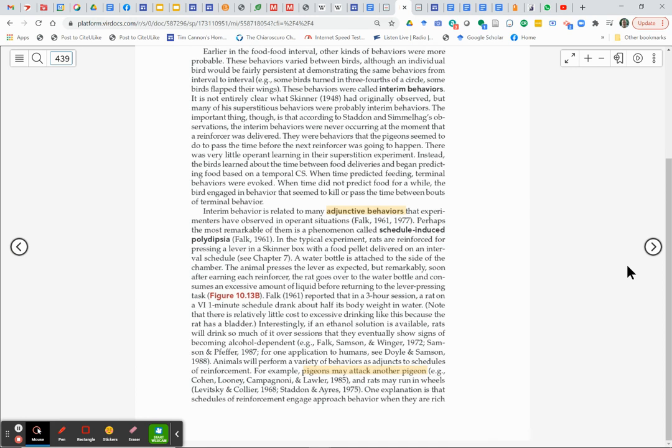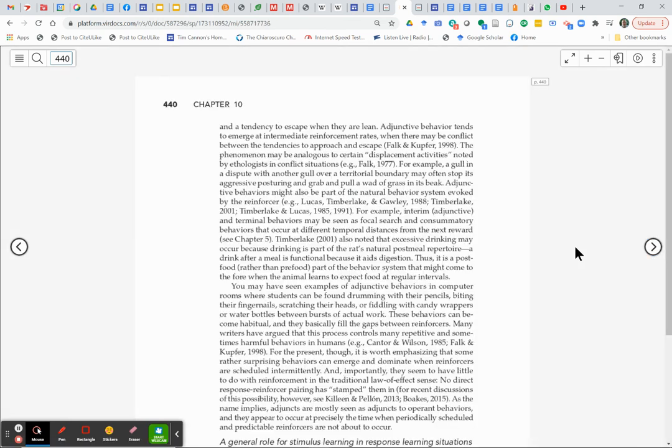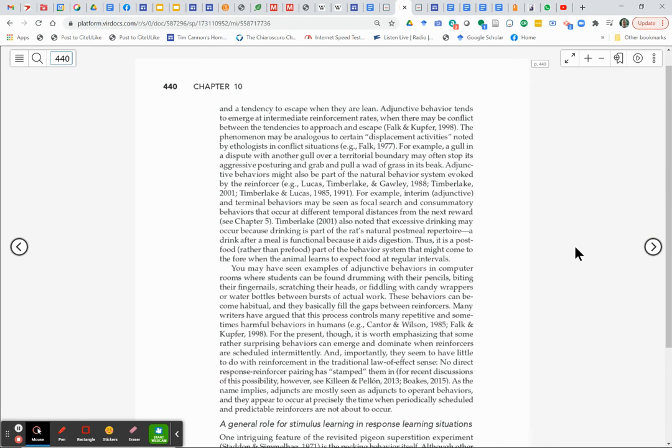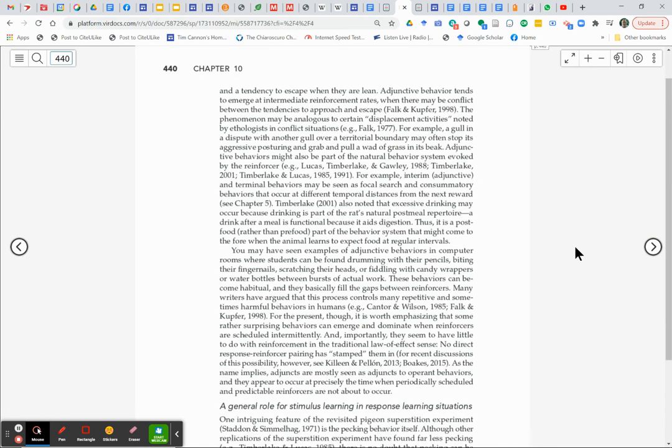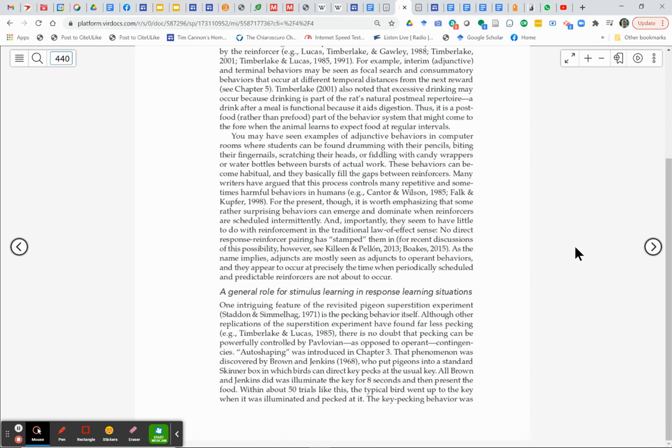Displacement activities. Birds conflicted over acting aggressively will sometimes approach a target bird and then, for no good reason, just stop and start pecking at the ground as if there's food there. So it's complicated and interesting, and certainly relevant to Bolles' stuff.